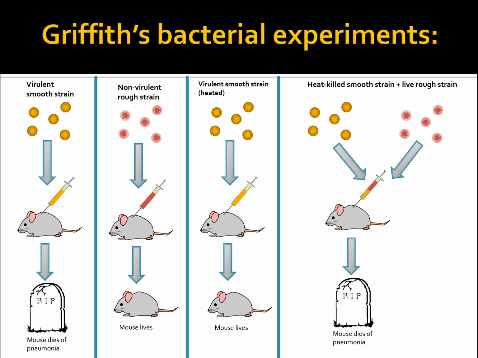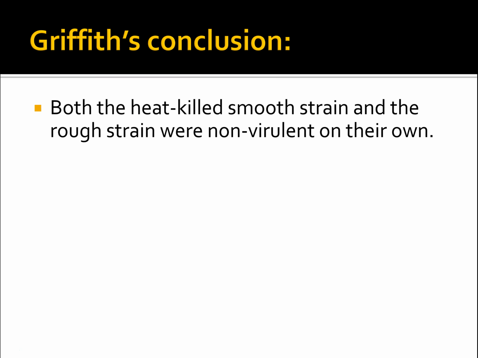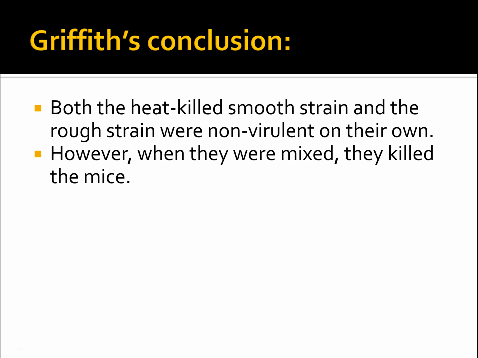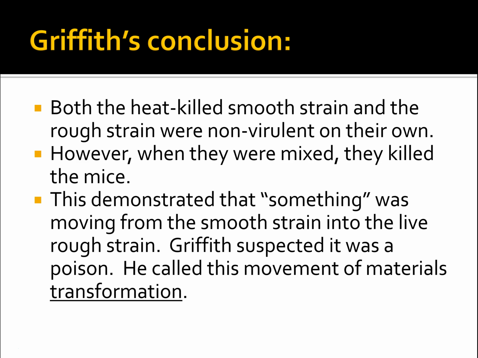So then he had to go about figuring out what caused that mouse to die. His conclusion was that both the heat-killed smooth strain and the rough strain were non-virulent on their own. Just as we mentioned, they did not kill mice on their own. However, when they were mixed, they did kill the mice.